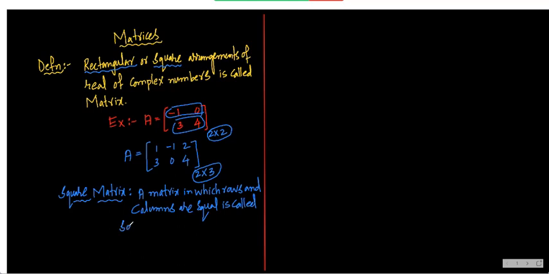Square matrix, where rows and columns are equal.